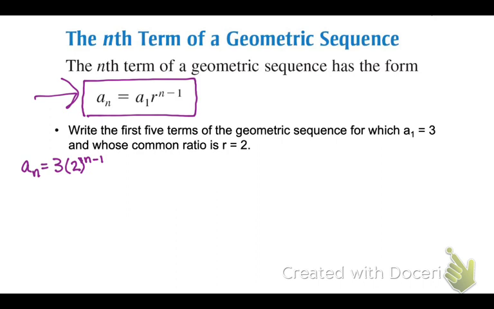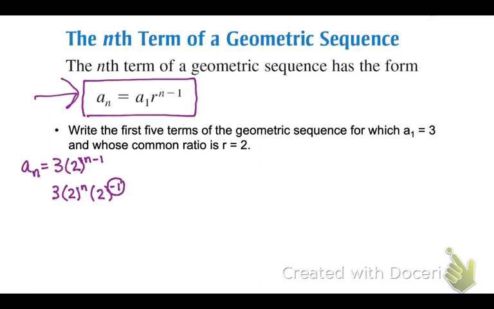Okay, so we did this last year and we're going to work on it again. If you leave your definition at this point, you miss half a point and walk away. Should you always try to improve it and finish it? Yes. So this is 3 times 2 to the n times 2 to the negative 1, correct? Because with exponents, that's how it works. Where do I put a negative exponent? In the denominator.